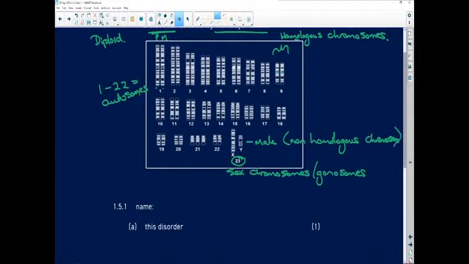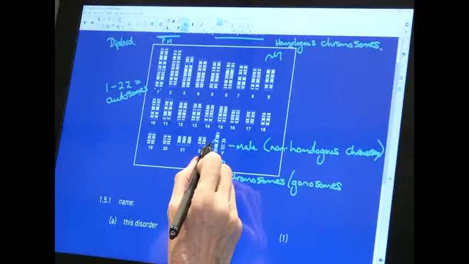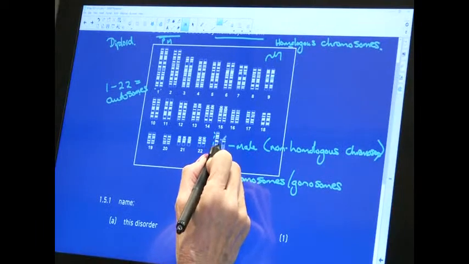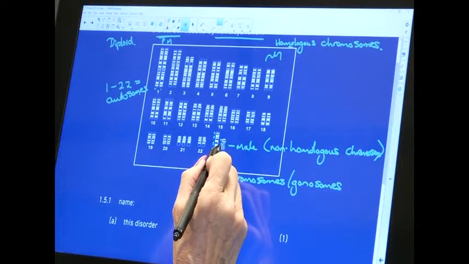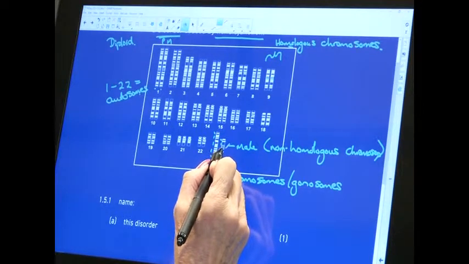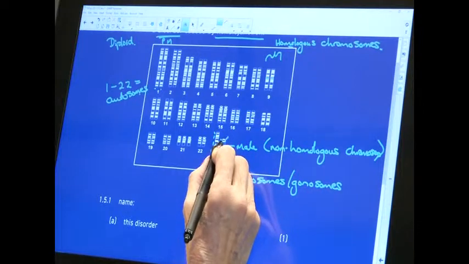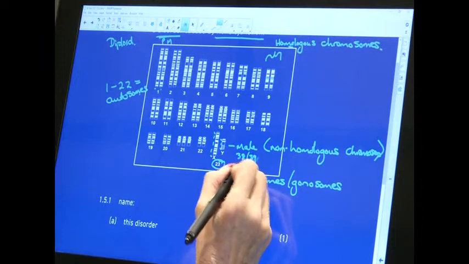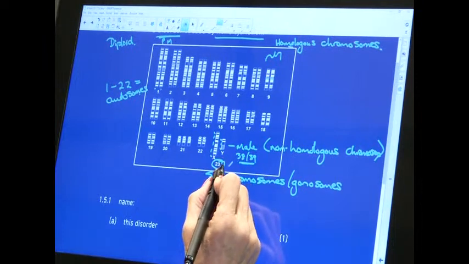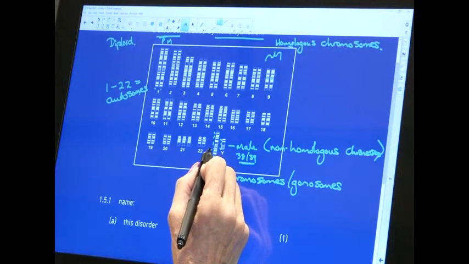Okay, now, the fact that they are non-homologous chromosomes, can you see that they're not the same size? So this chromosome here and this one don't carry the same alleles. This one's going to have a whole lot less alleles. If I stand corrected, but I think the Y chromosome only has about 38 or 39 alleles, whereas X has a whole lot.